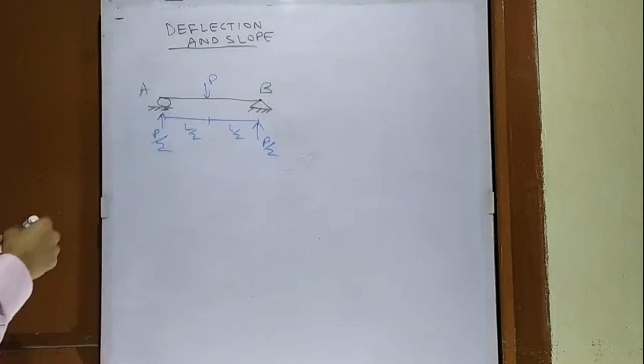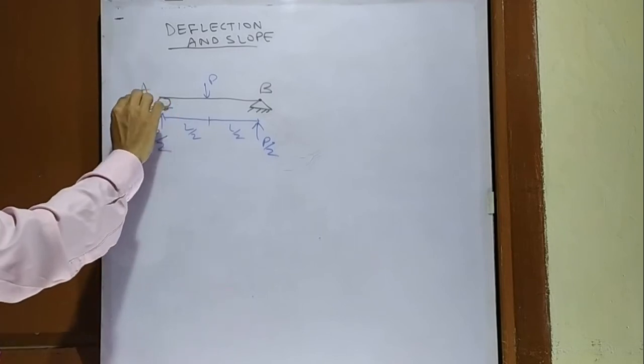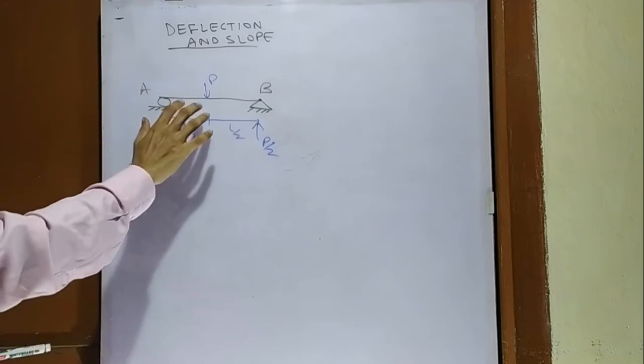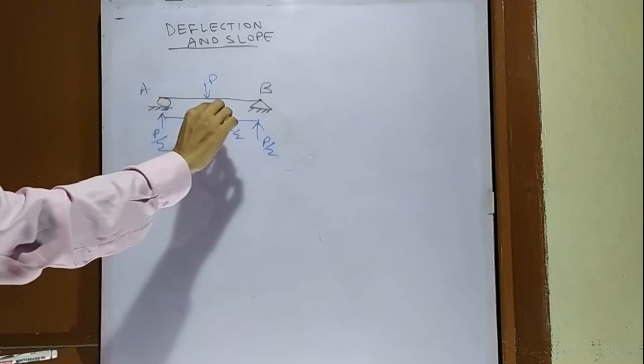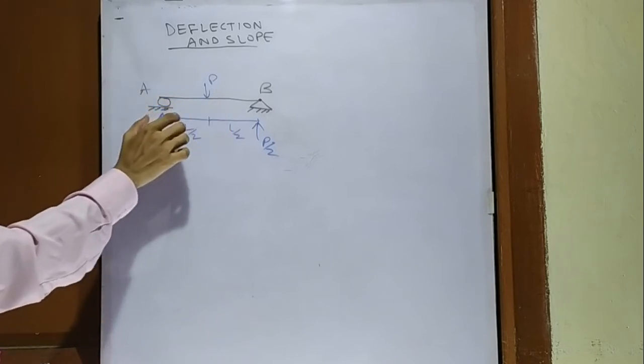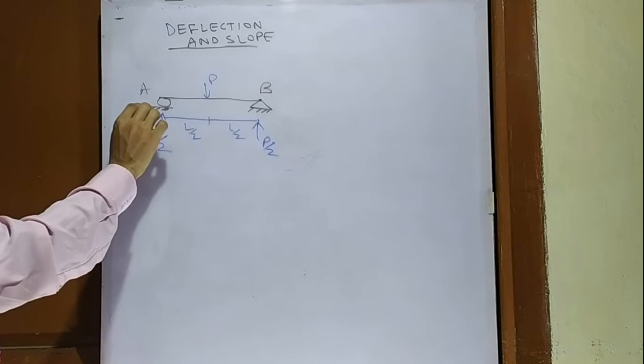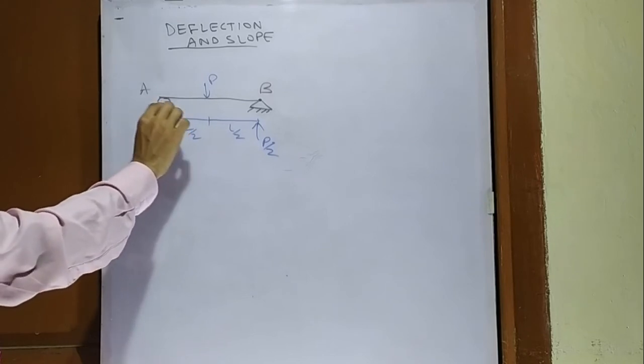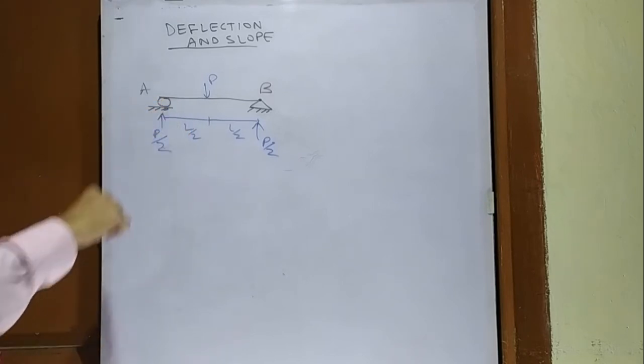If we apply a horizontal loading in the direction of the beam, then maybe the beam can change its length, and there will be a horizontal change in the length of the beam, so the beam can translate in the horizontal direction, but it cannot move in the vertical direction.